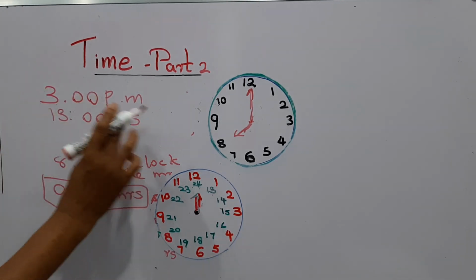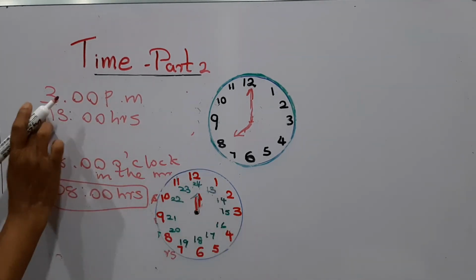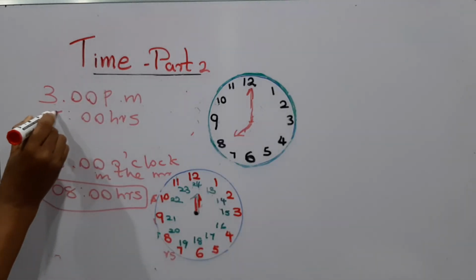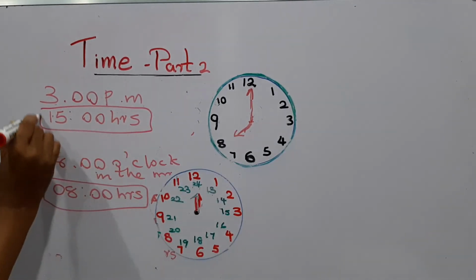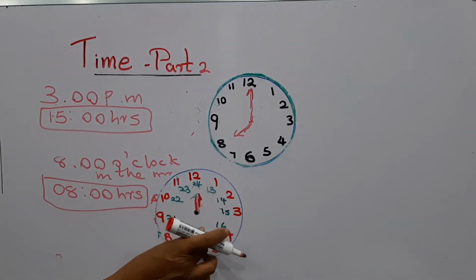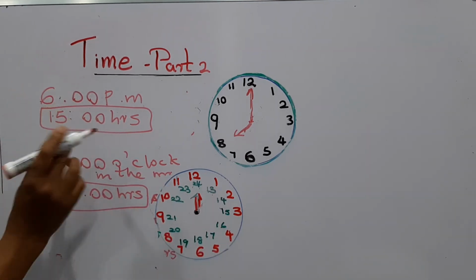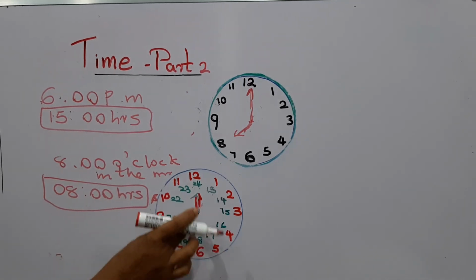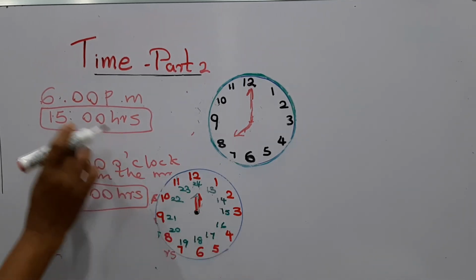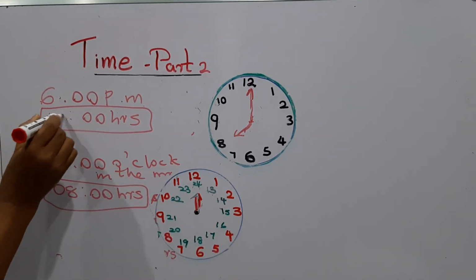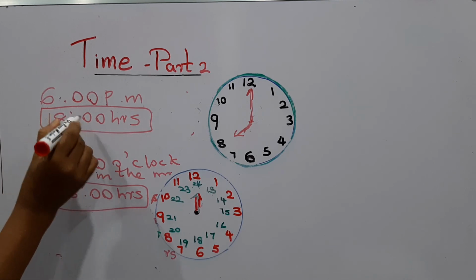3 PM. That means how many hours have passed? That is 15 hours. Think about 6 PM. Then how are we going to write in 24-hour clock time? That is 18 hours.